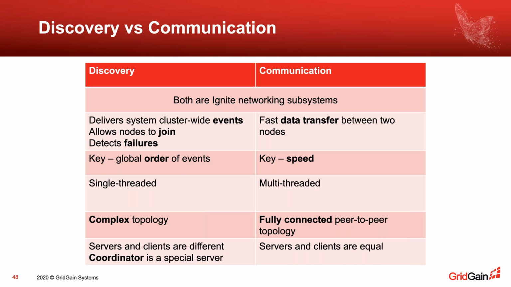And communication is a component that is used for a single purpose, for data transfer. And while discovery is slower but more reliable with all these additional properties, communication is a simpler protocol which uses discovery as a base for its operation.